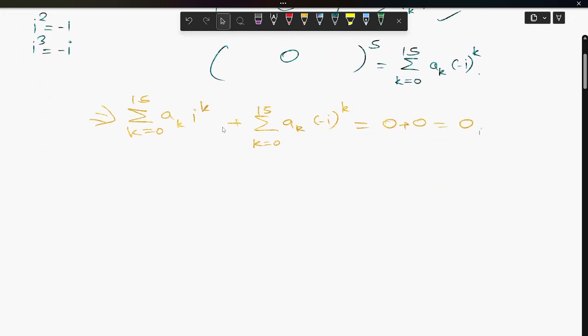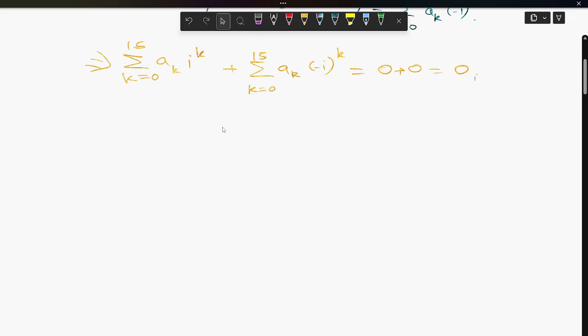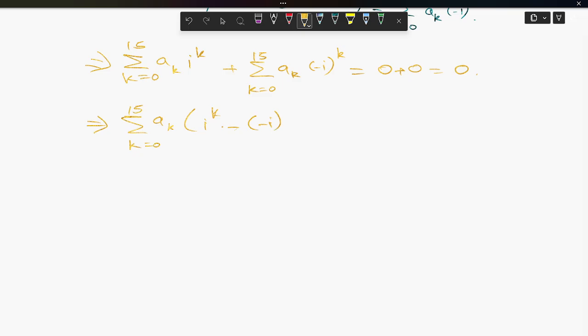Now, as the a_k are the same, we can write the summation k equals 0 up to 15 of a_k times (i^k + (-i)^k) equals 0. Now we are going to simplify the left hand side.